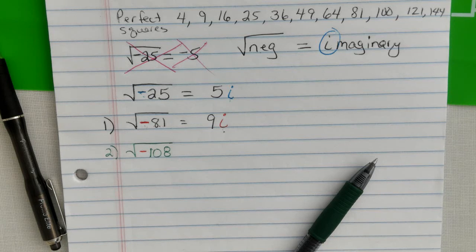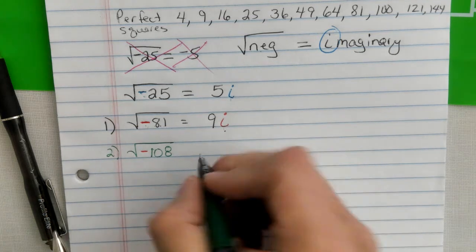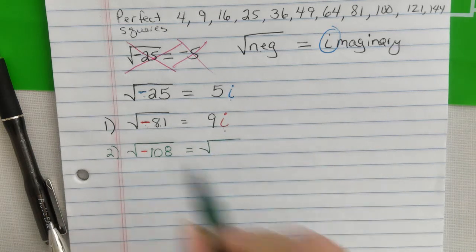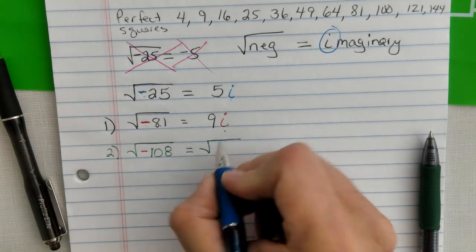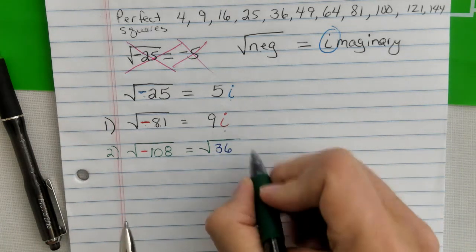So we can come over here and rewrite the 108 as 36 times 3.